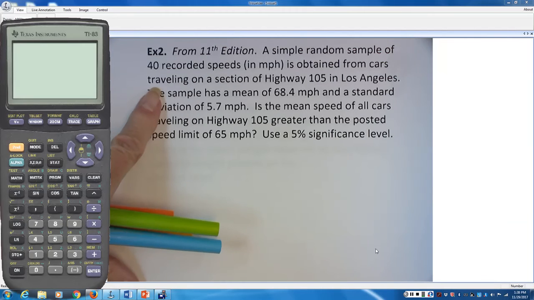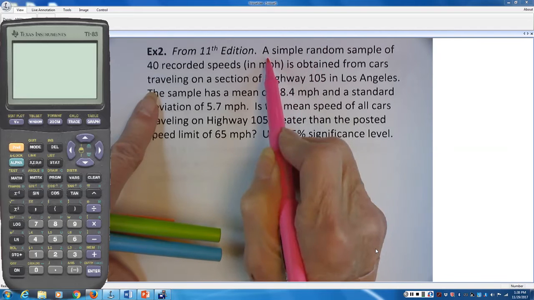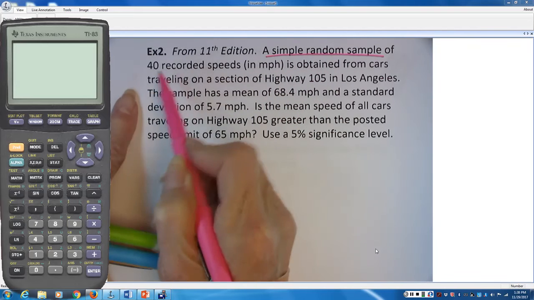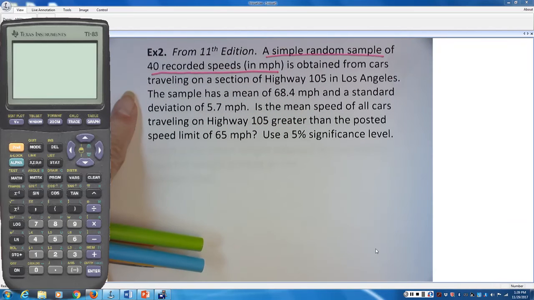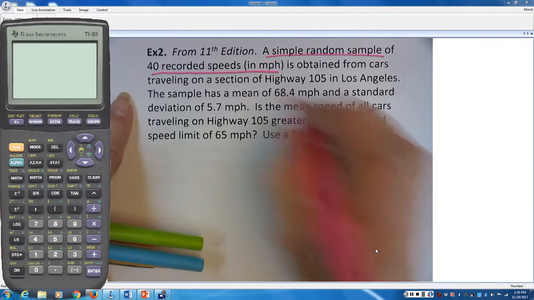First sentence says, and actually I think we've already done this one too, didn't we? Yeah, we did this one. So just to get you warmed back up again, simple random sample of 40 recorded speeds in miles per hour. What is that? What did that tell us that we're going to need to know? Your value of n.